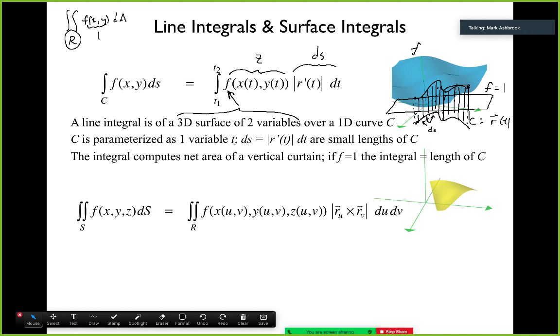So looking at the line integral of a multivariable function, we have the surface integral of a multivariable function, but now that multivariable function lives in R4 and has 3 variables. So it's a 4-dimensional surface of 3 variables, first of all.